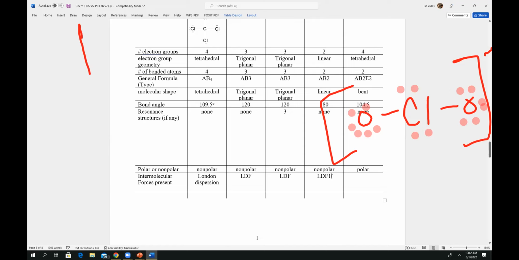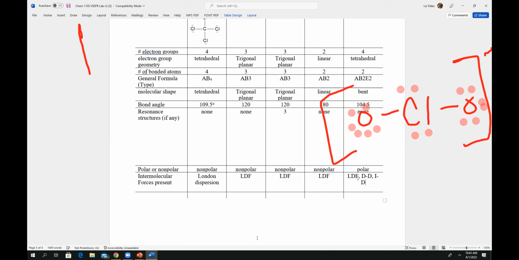Now, what kind of things do we have? Okay, here we have a lot, because we have the London dispersion forces that are always present in every molecule. So might as well just write London dispersion for everybody. We have the dipole-dipole, and we're just going to call it DD. We also have ion dipole.